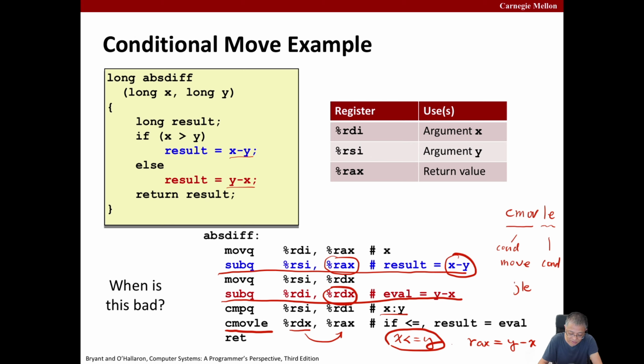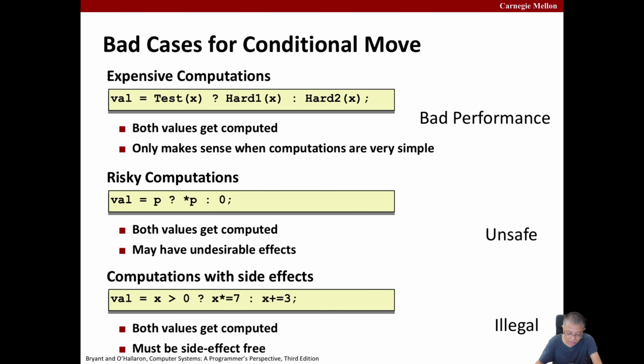So if those calculations are simple, it will actually improve the performance. But in some cases, conditional move could be bad for the performance. For example, if you need to calculate two expensive computations, this will introduce performance overhead, because both values will be computed, and one of them is unnecessary. So it only makes sense when the computations are very simple.